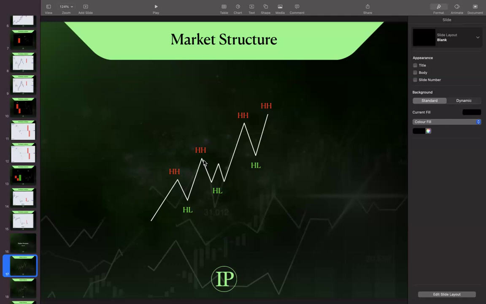This is an impulse to the upside. All bullish candles going up. There will be an exception of one if it has a long wick and price does not create a new candle below that long wick of that bearish candle within that impulse. I'll show you examples later on, but that is the one exception.